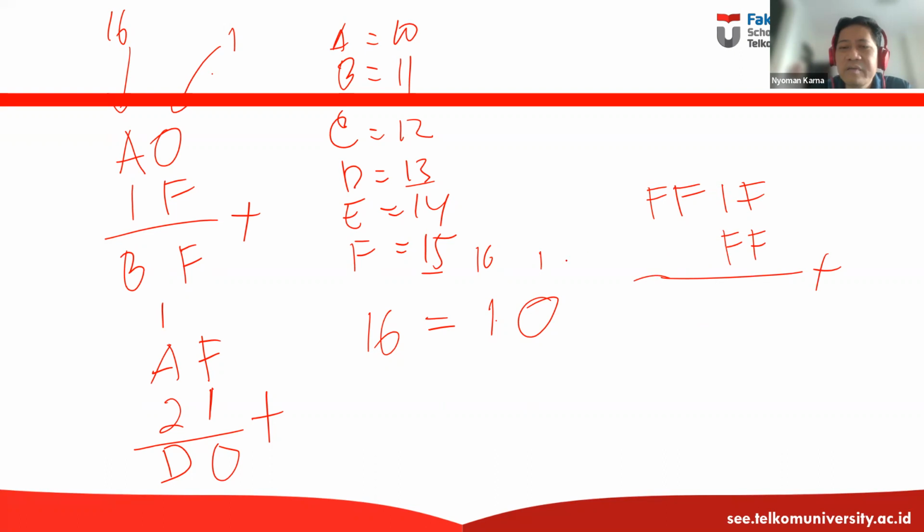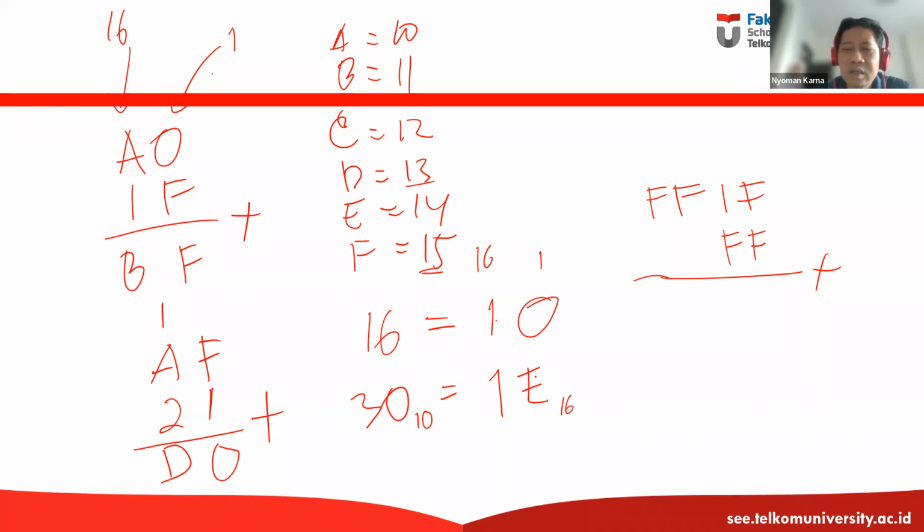Now, F is 15. 15 plus 15 is 30. And 30 in hexadecimal is 16 plus 14. 14 is E. So 30 in decimal is actually 1E in hexadecimal.